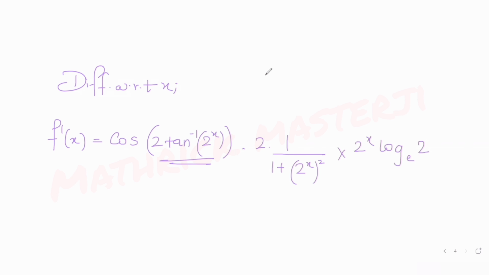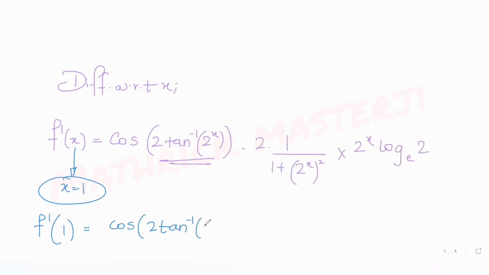Now if I just put x as 1, I get f dash of 1, and that basically becomes cos of 2 tan inverse of 2 raised to 1, that is 2, into 2 upon 1 plus 2 raised to 1 the whole square, so it is 2 square into 2 raised to 1 into log 2.